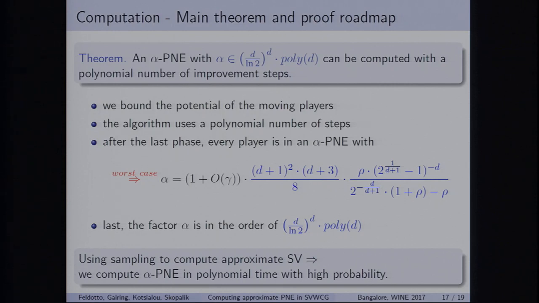So to overcome this barrier, we use known sampling techniques to compute approximated Shapley values. And then we proceed with the algorithm using these approximated values. So these allow us at the end, after technical analysis, to compute an alpha approximate equilibrium in polynomial time with high probability.